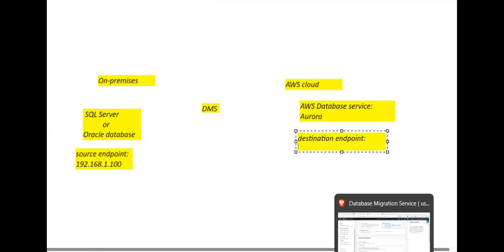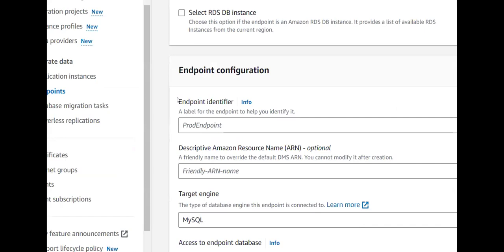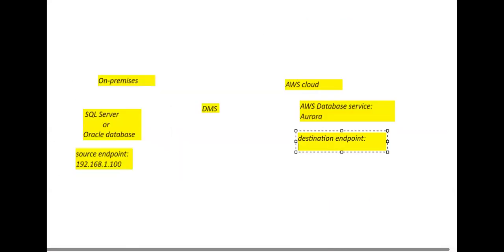Under the lab, you have an endpoint identifier, used when creating both source and destination endpoints. While creating the source or destination endpoint, you need to specify this endpoint identifier. So coming to source, this is your endpoint identifier that you need to specify.